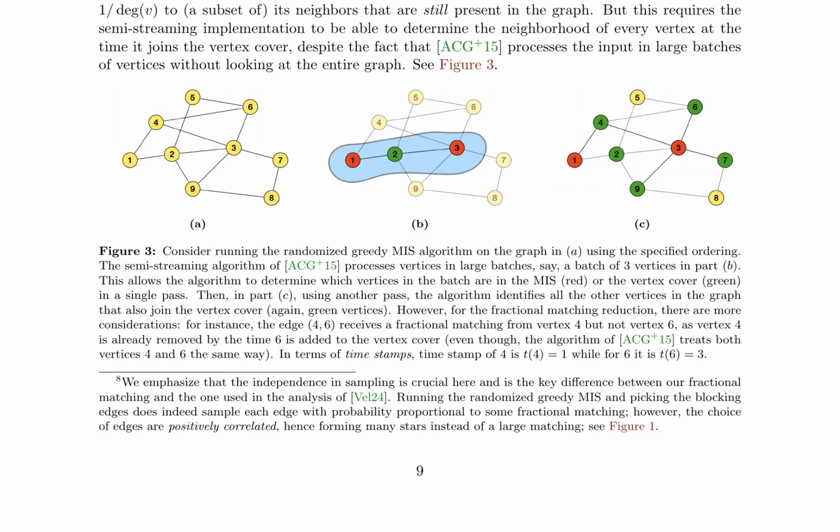By incorporating a reduction from fractional matchings to randomized greedy MIS, the algorithm achieves a significant improvement in matching size. The paper's contributions include a new method for identifying vertex neighbors and a sampling approach that prioritizes independence, ultimately leading to a more efficient and effective dynamic streaming algorithm for matchings.